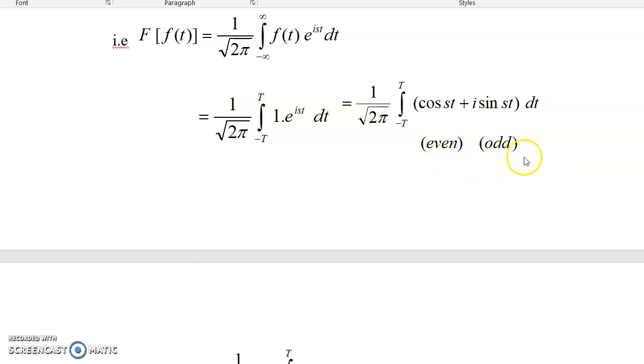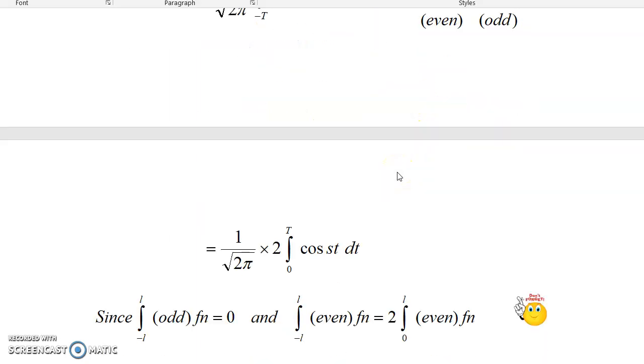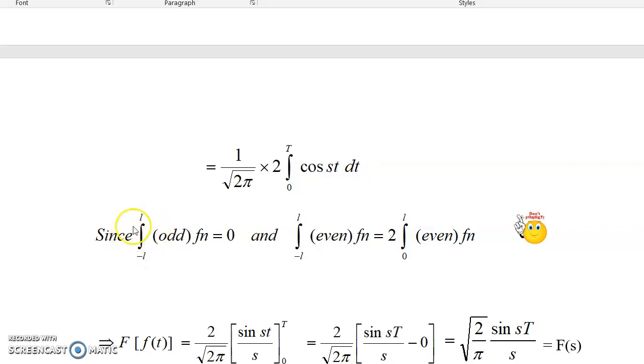Why do we need to consider these as even and odd? Because the integral is from minus T to T, we can make use of the basic formula. When you integrate an odd function from minus L to L, the answer will be 0.